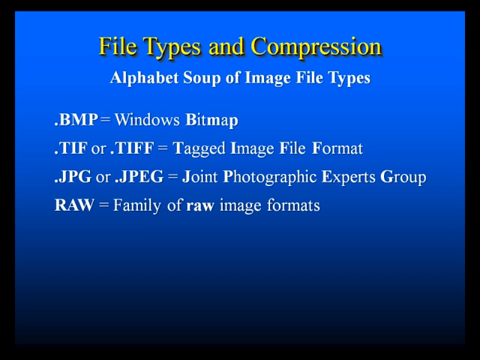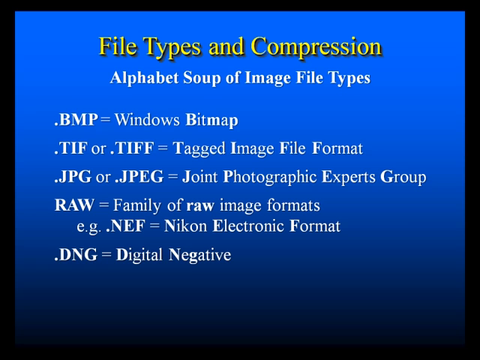There are RAW image files, and that's kind of a generic term for a family of image formats that may be proprietary. For Nikon, if I shoot RAW, it's saved as my image file name .NEF, standing for Nikon Electronic Format. With Canon, I believe it's CRW or CR2, and you may need proprietary software to decode that and turn it into a JPEG.